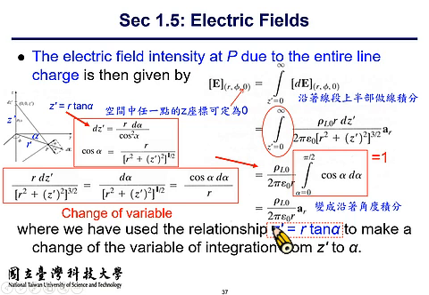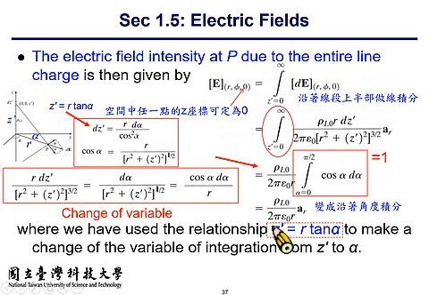And we have an observation point P over here. The distance from the observation point to the line is R. Then what is the result?